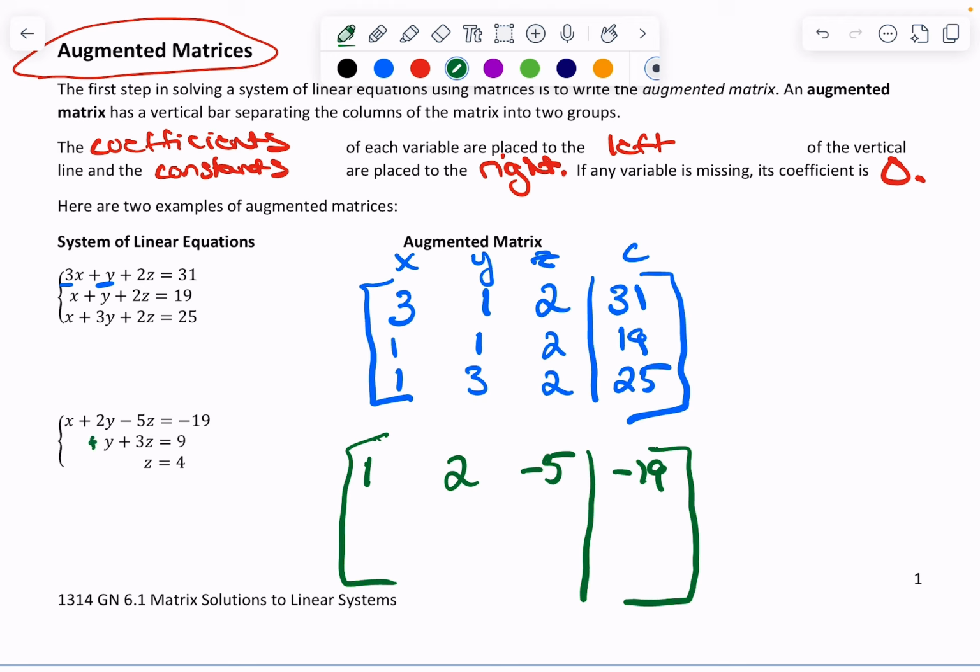That means that the coefficient of x is 0. So we're going to write a 0 instead of just leaving it blank. Coefficient of y is 1, coefficient of z is 3, and then the constant is 9. And now for the third equation, we don't have x or y, so those coefficients are going to be 0, and then z is 1, and the constant is 4. Okay, those are examples of augmented matrices.